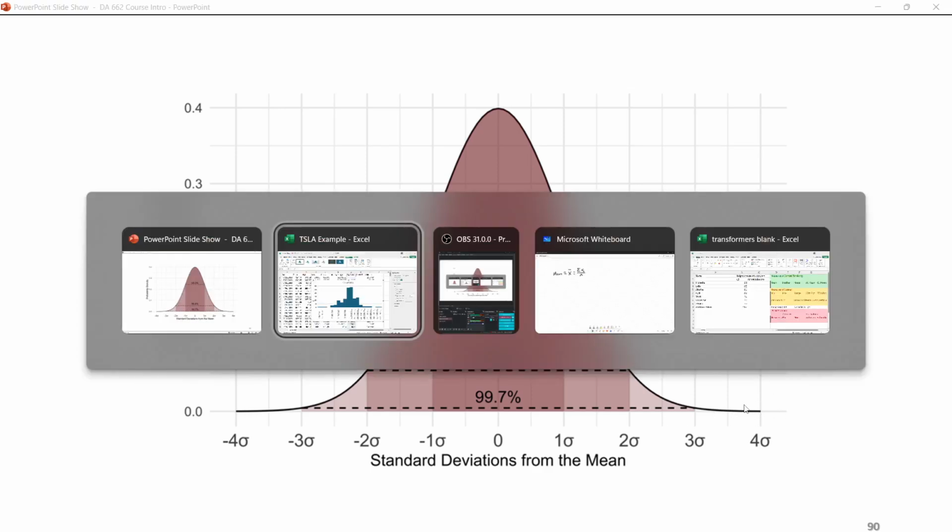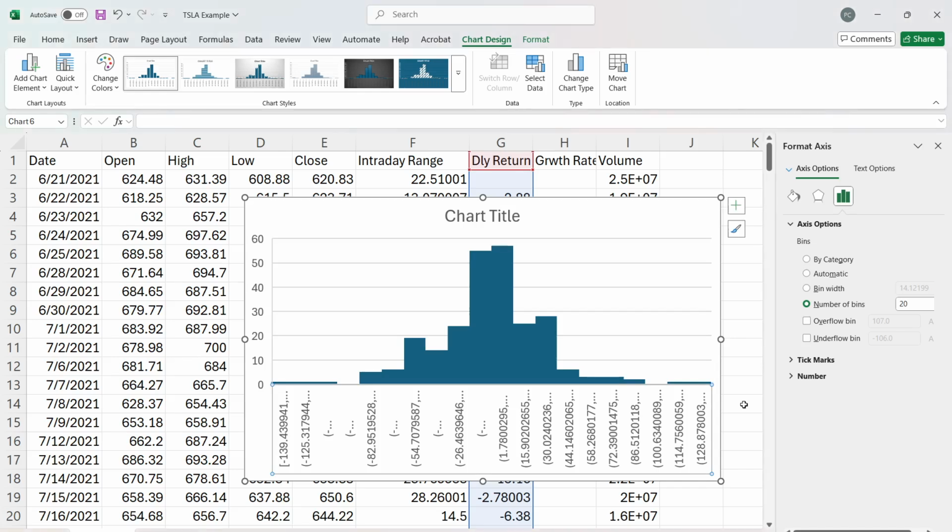These stock returns have excess kurtosis, so we can describe the shape of a distribution in terms of the mean, the median, the mode, the standard deviation, how much it's spread out, skewness, as we saw with the intraday range, which was skewed to the right, and kurtosis, which we see here in terms of having sort of fat tails and a bit of an extra peak in the center relative to a normal distribution.